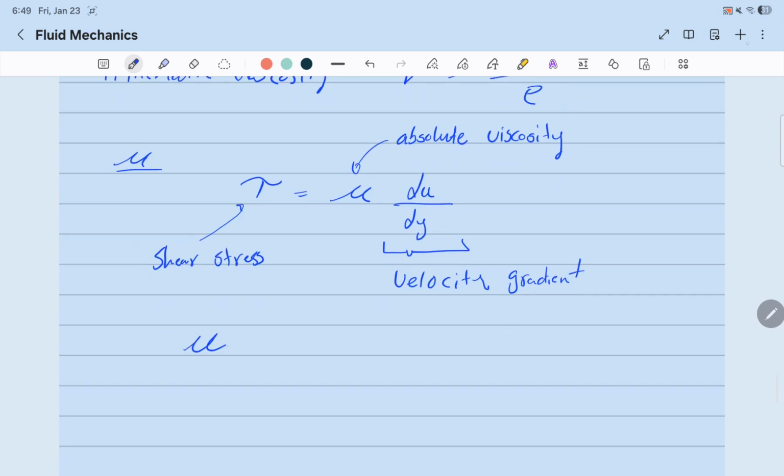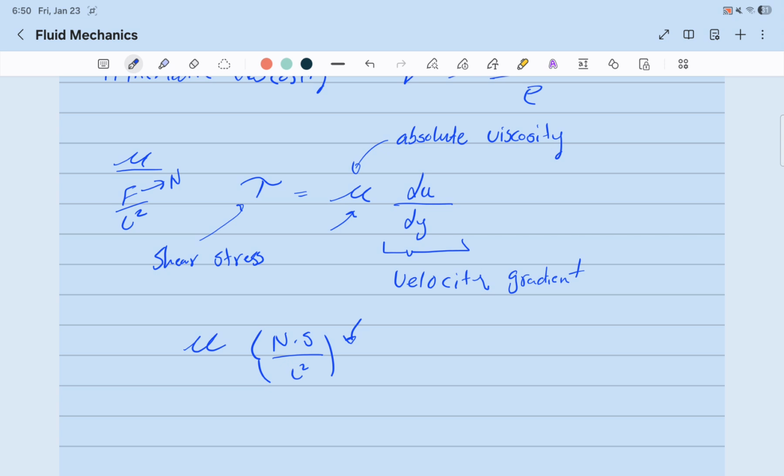Viscosity has units of newtons seconds over length squared. Okay, if you can't memorize this unit, what I insist you to do is to derive the units. Basically look at, hey, shear stress is force over area, which is force over length squared, in newtons, or if you're using US imperial units, it will be pounds.